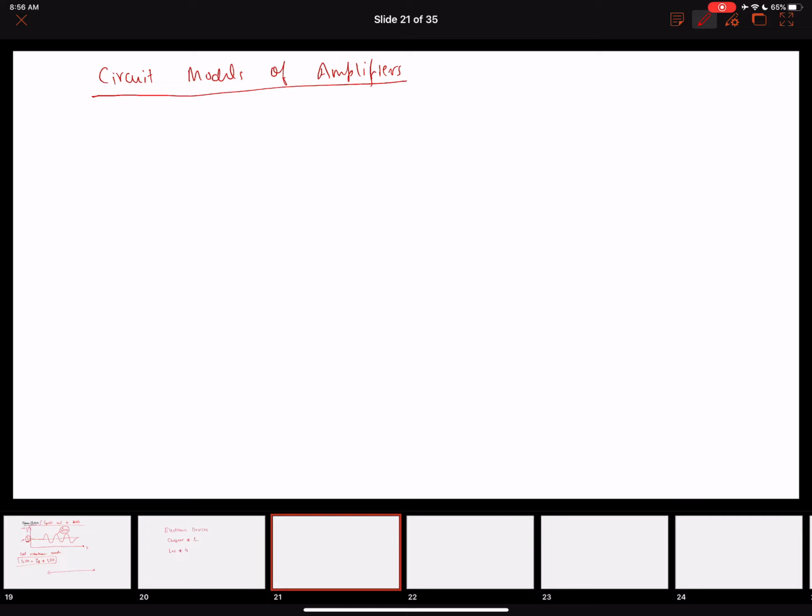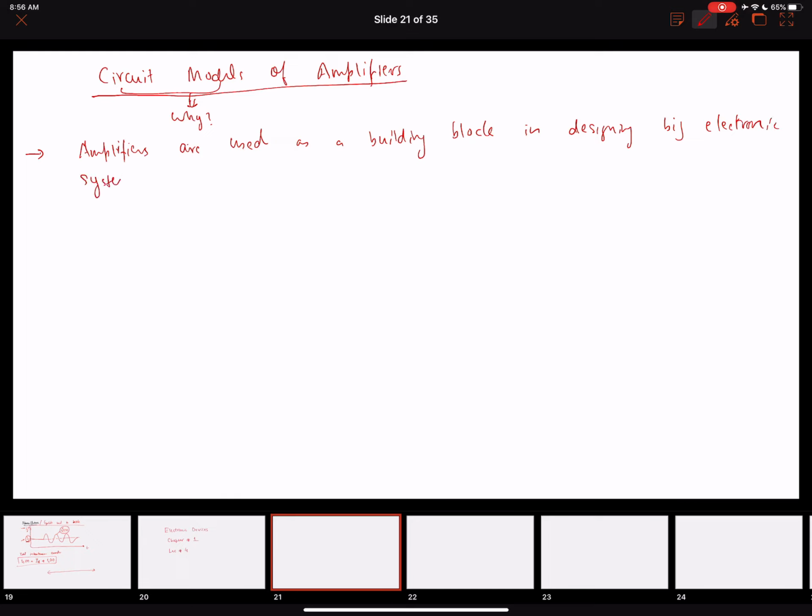So importantly, the first thing is, why do we need a circuit model, right? Amplifiers are used as a building block in designing big electronic systems.